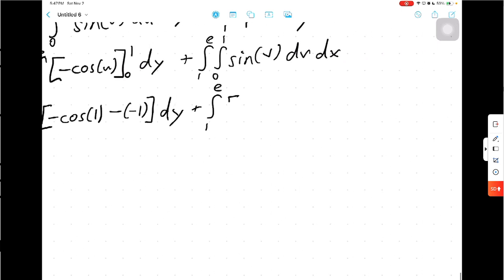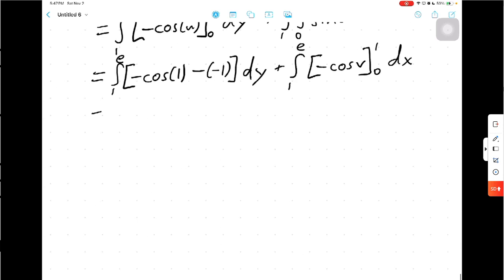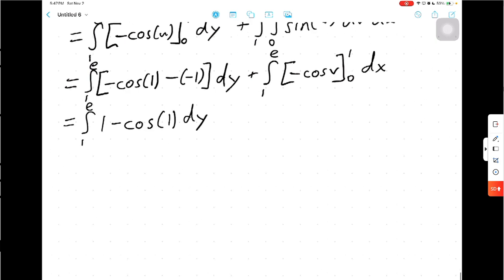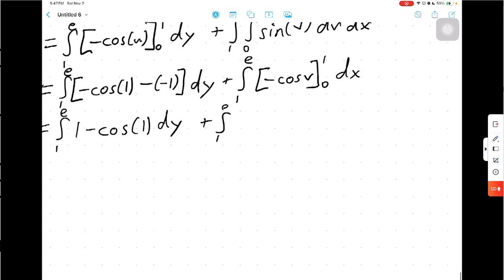1 to e, this just is negative cosine of 1 minus cosine 1. And then this is going to be also 1 minus cosine of 1 here.